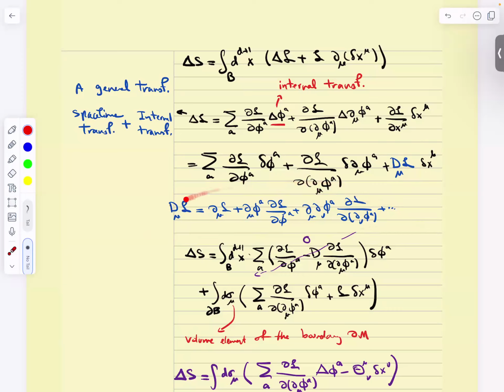This is the total derivative. Now, these two terms you recognized before, right? These two terms cancel by the Euler-Lagrange equation. All that's left is this term that I can write down as a boundary term. So here's what I'm left with. So the total variation of the action under transformation is a boundary term. Good.